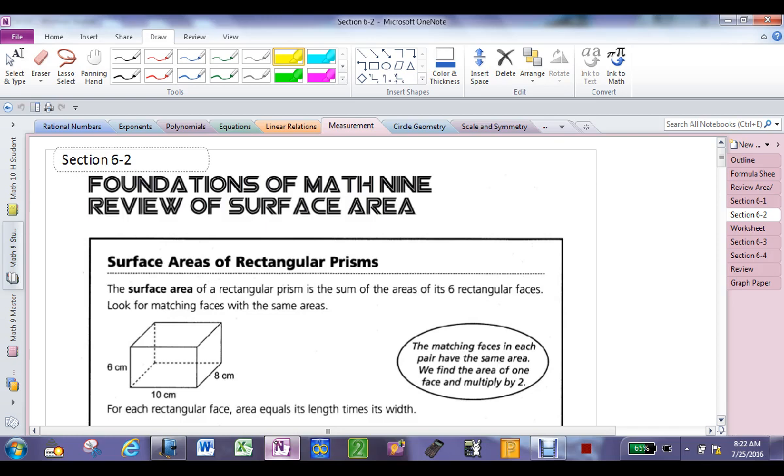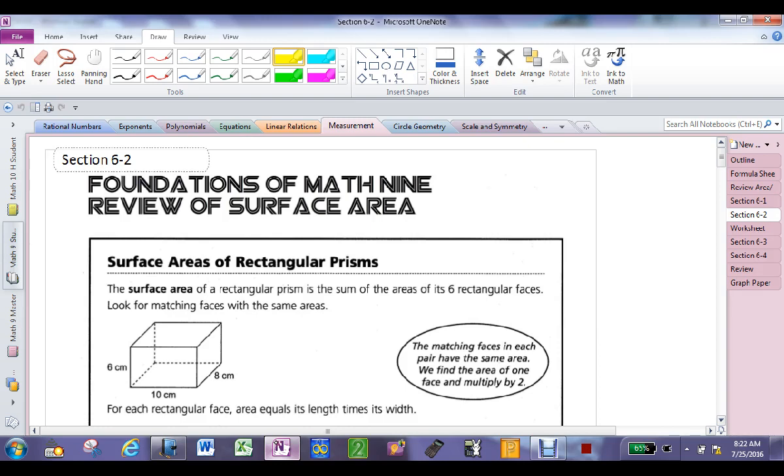How do I get a three-dimensional shape? What do I have to start with? A two-dimensional shape, of which we know what all the areas are, don't we? Right? If I start with a rectangle, that is how many dimensions?